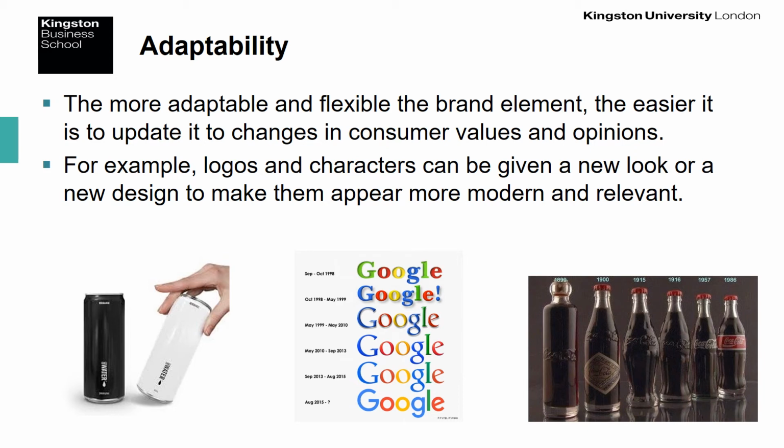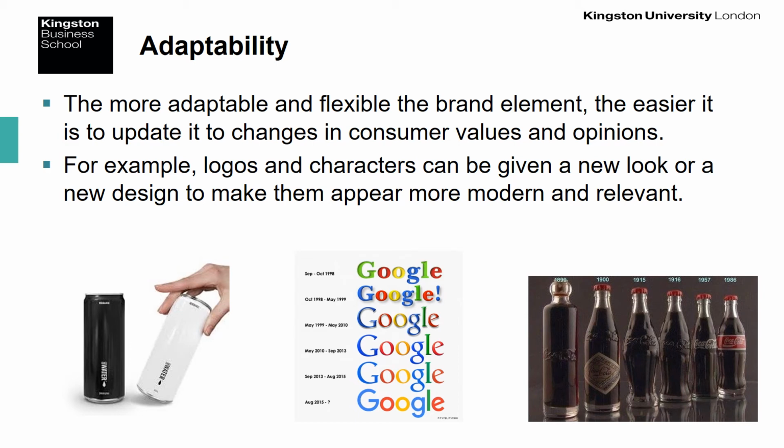The example here is talking about consumer values and opinions, but this is also relevant in business-to-business marketing. Business-to-business marketing is made up of individual people as well, whose values and opinions change over time.